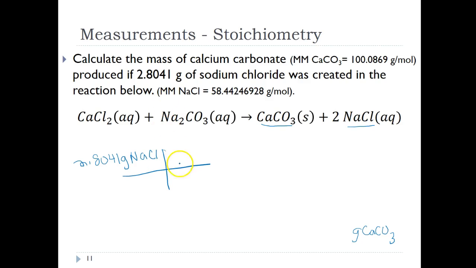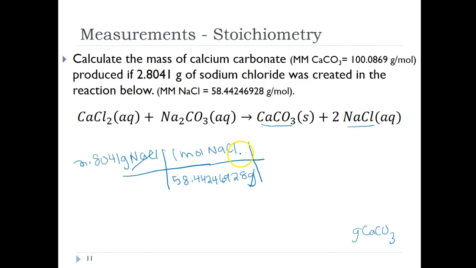So according to up there, 58.44246928 grams are in 1 mole of sodium chloride. Again, I'm getting that from the value that says mm after up there in parentheses, where I added up 1 sodium and 1 chlorine. Okay, so I can cancel out grams of sodium chloride at this point.